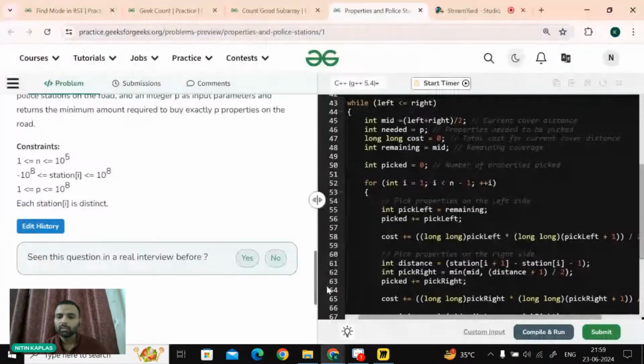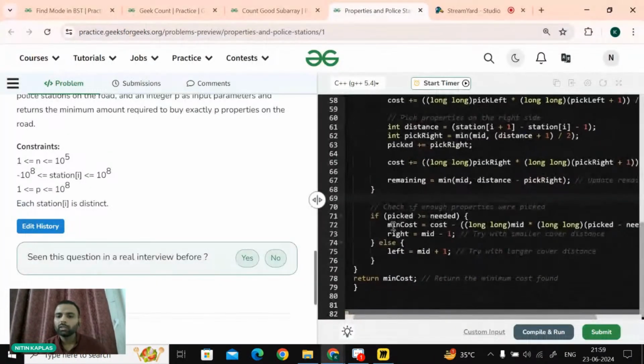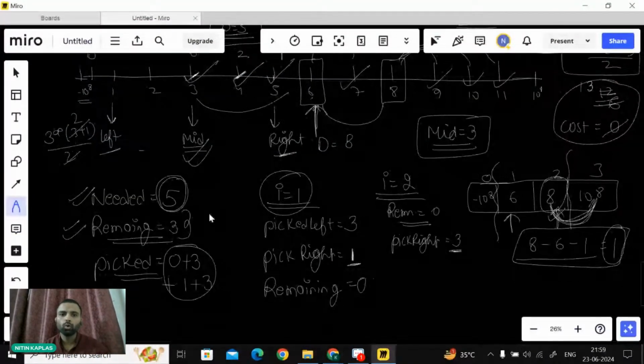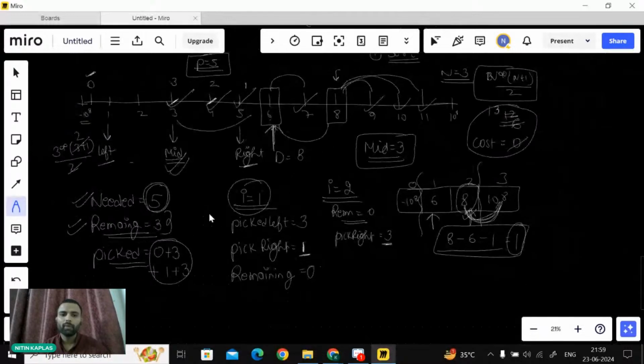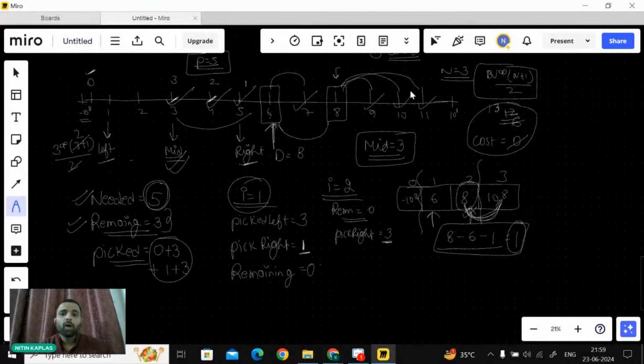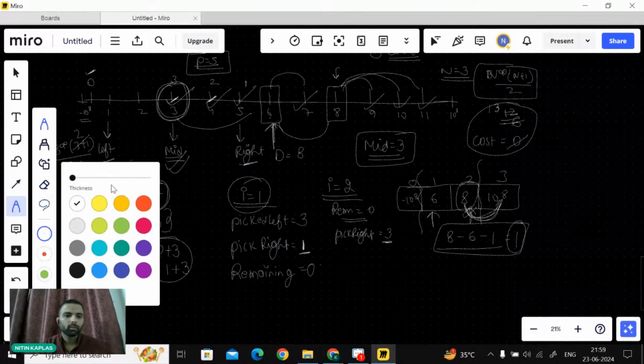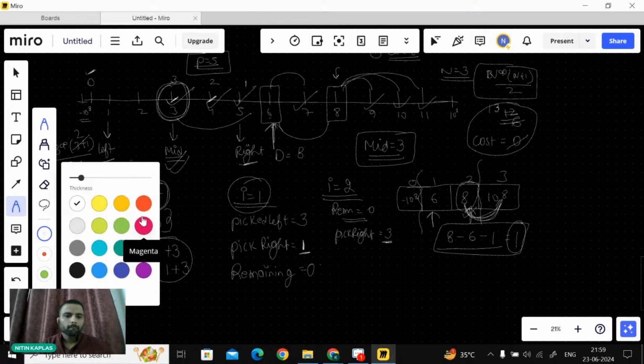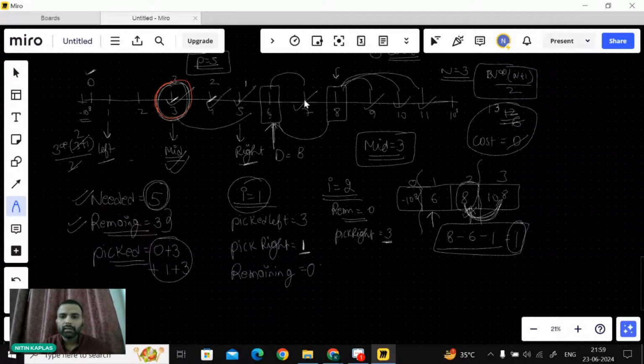Here, I just want min cost equal to cost minus something. So think about it, which plot I have to sell so that I can save my money? The one which is farthest from your stations. Let me increase the color. This one and this one.